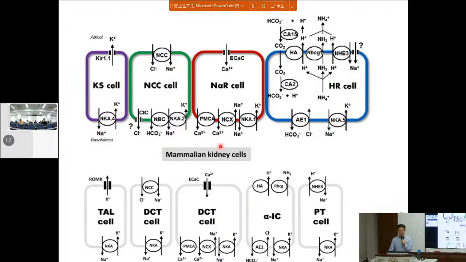So they have a similar function. So if you want to study the kidney function, for ion regulation or osmoregulation, the fish gill probably can be the alternative model. Compared to the mammalian kidney, the fish gill is relatively easy to manipulate.